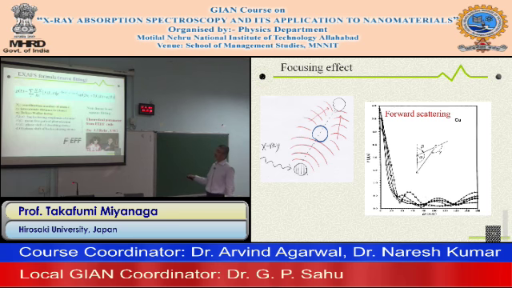The back scattering amplitude, the mean free path of the electrons, and the phase shifts of the central atoms and back scattering atoms are generally calculated by some theoretical code.